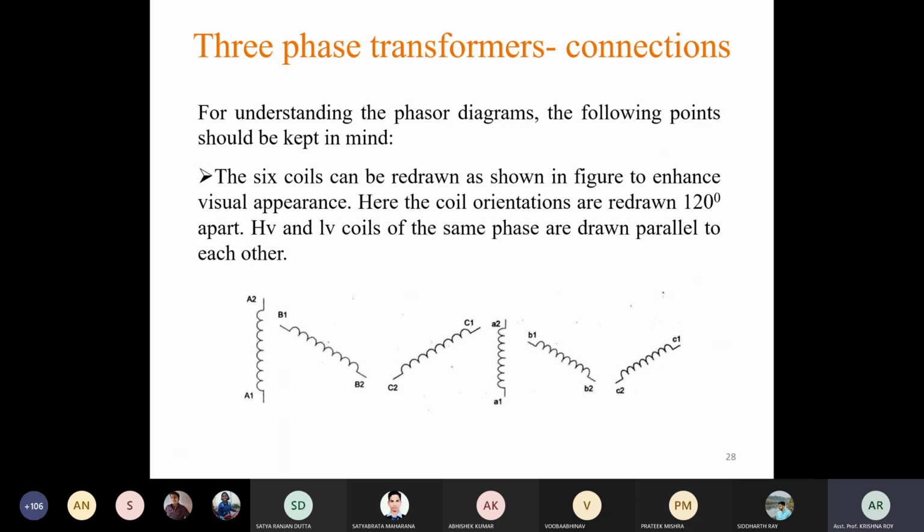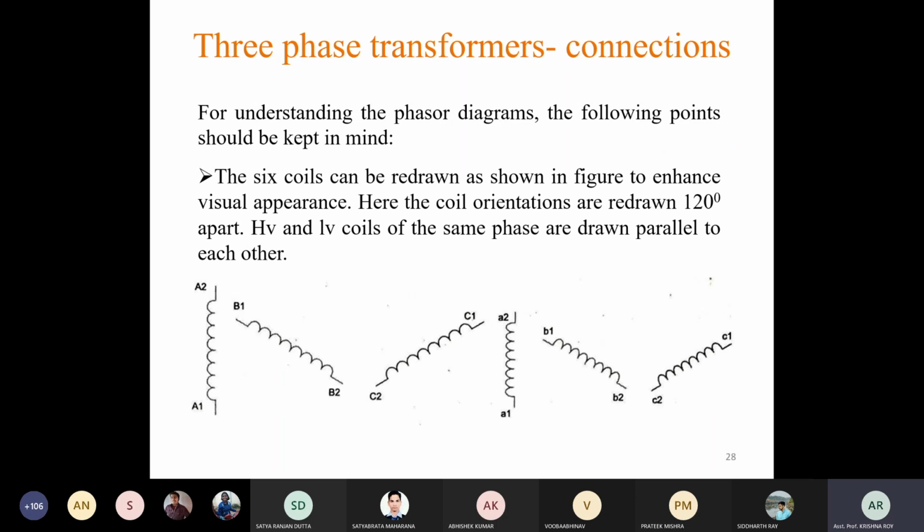Now as these windings are supplied by a three-phase voltage system, suppose VA, VB, VC are the three-phase voltages connected to the input side, that is the high voltage side. These voltages are phasors, so they have a 120-degree angle between them. Accordingly, the EMFs induced in the high voltage winding and the low voltage winding of the transformer are 120 degrees apart from each other.